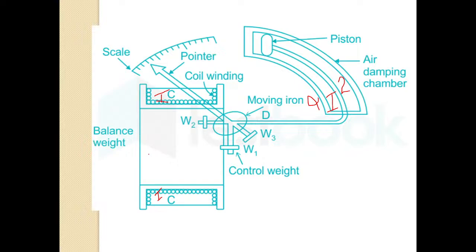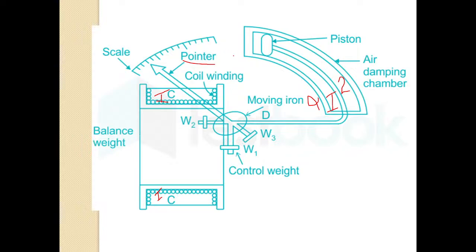This movement is mechanically linked to the pointer, which moves over this non-uniform scale to indicate the voltage or current.